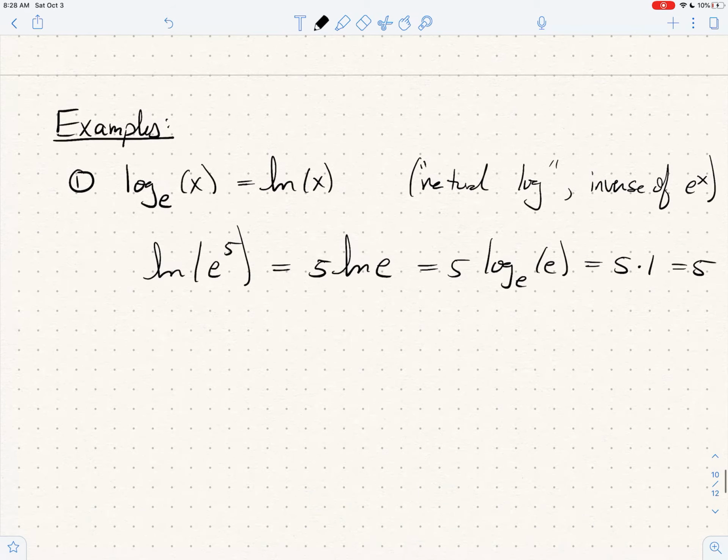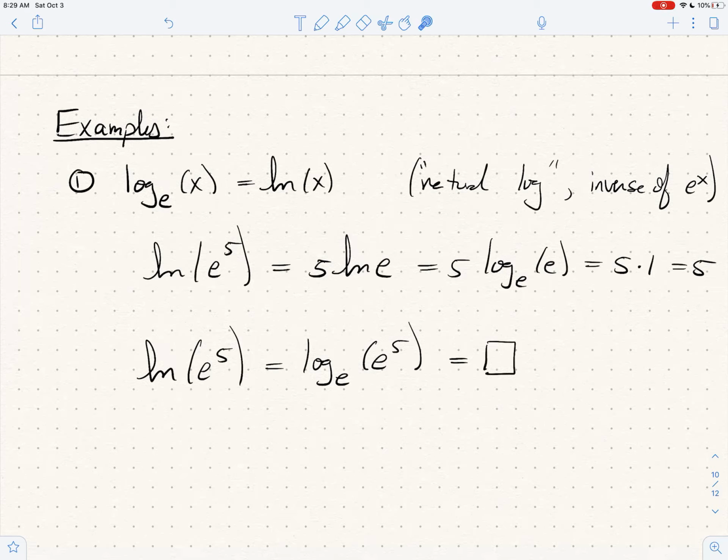The second thing that I want you to see here is a different way to think about natural log of e to the fifth. You could say this is the same thing as log base e of e to the fifth. Whatever this is, let's think of this as this box right here. Focusing now on this equation, the base to the outside must equal the inside.